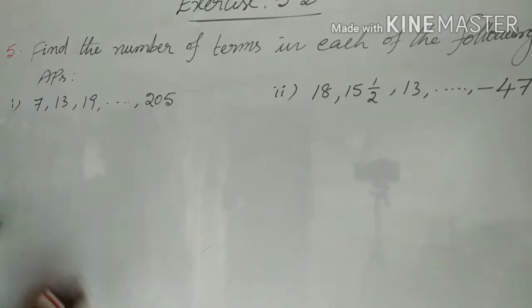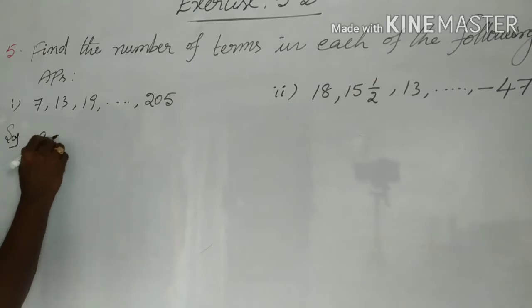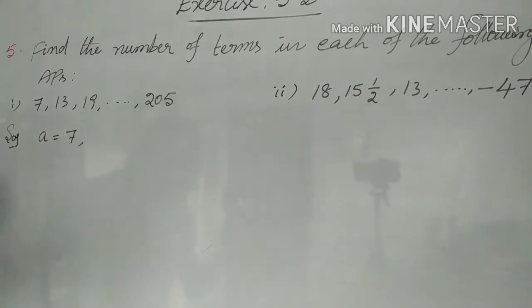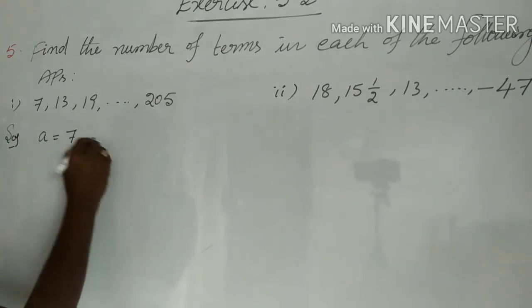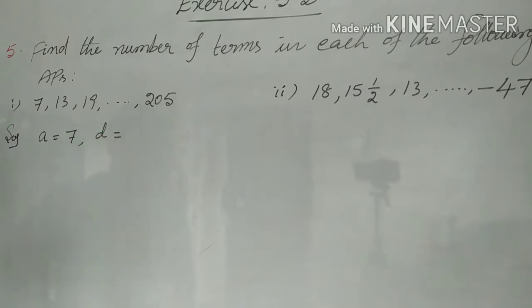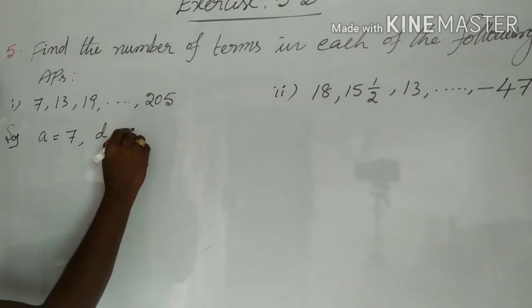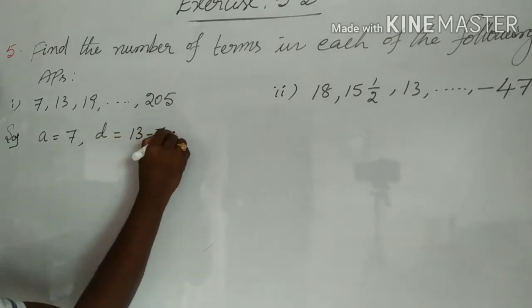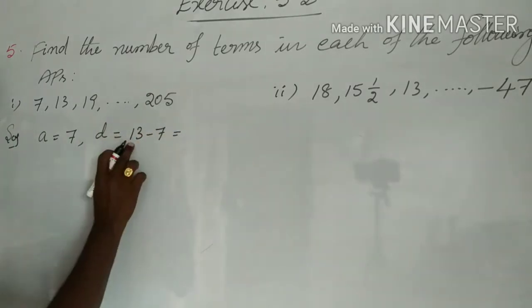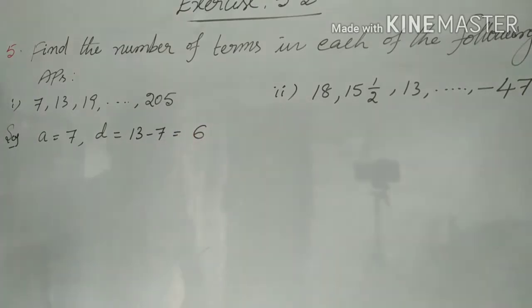So what is given here? See, this is the AP, so the first term a is equal to 7. Next, d is the common difference, a2 minus a1, which is 13 minus 7, that is 6. Now, what is the last term here? 205.